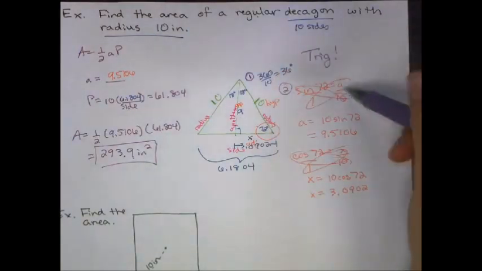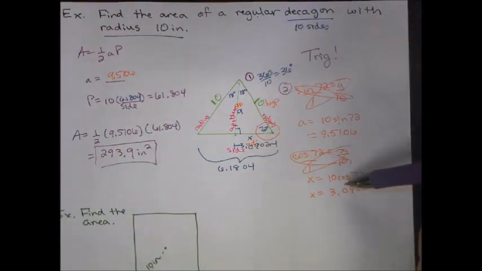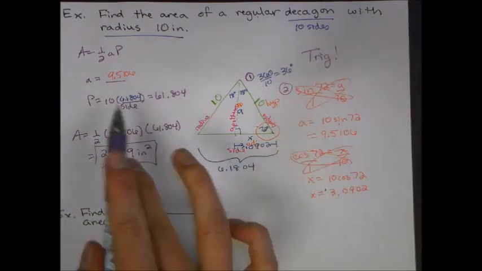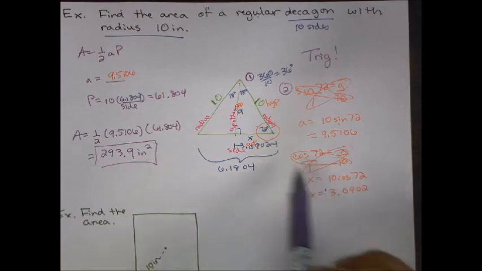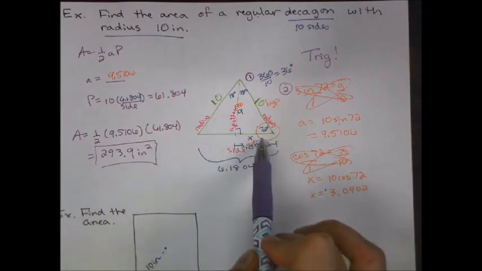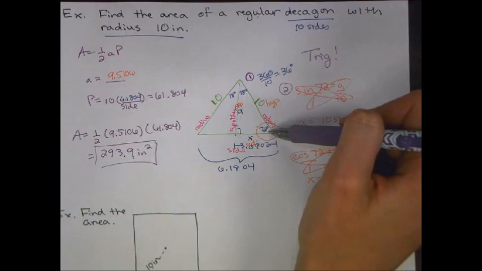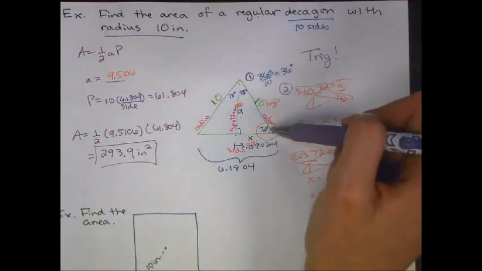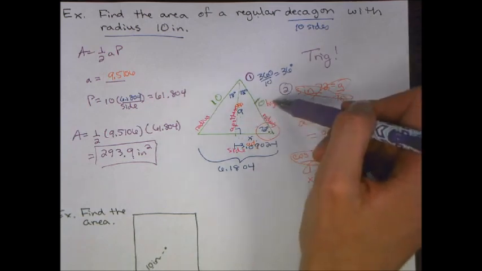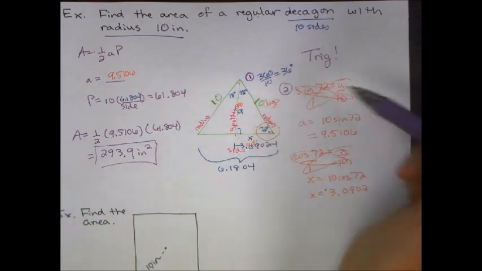So next we set up our formulas, found A, found X. A is our apothem. X is half of the side. I looked from 72. You can also look from 18 and you should get the same answer. From 72, A is the opposite, 10 the hypotenuse, so we're using sine.